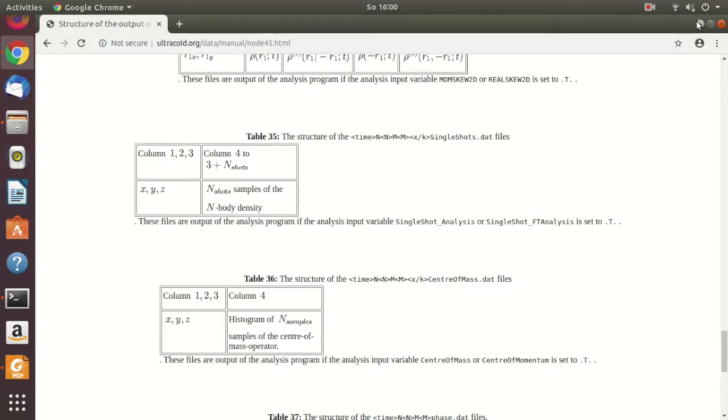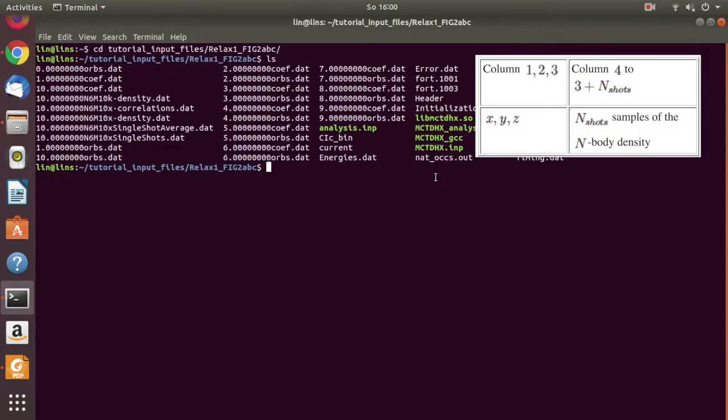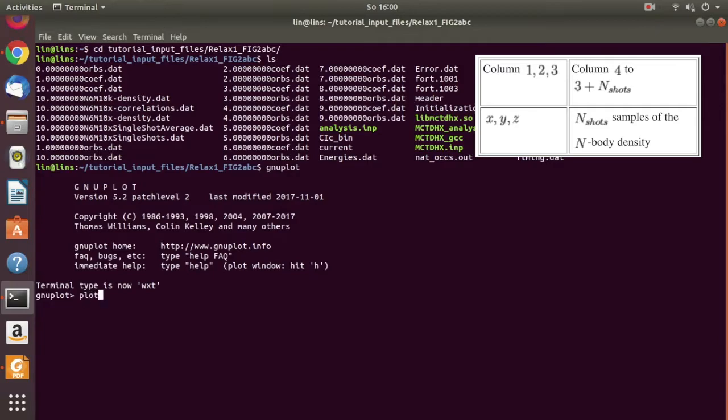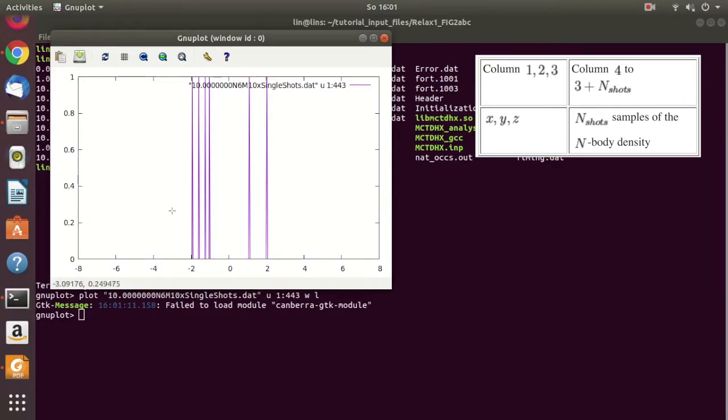So, for example, let's randomly take one image, because we have 10,000 images, so we take column 443, and this is one image.